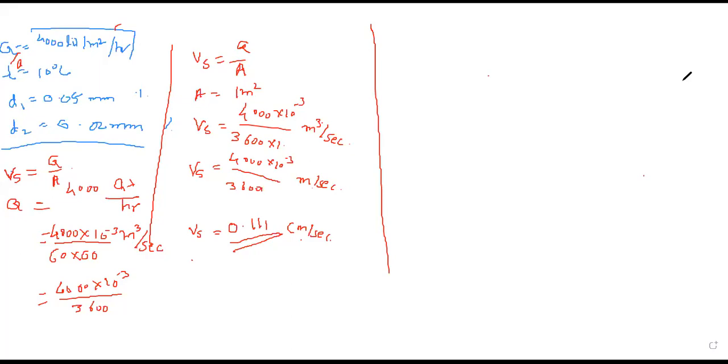If you have not finished, finish it. I will give you 1 minute and then we will solve further. This is the settling velocity of the sedimentation tank. Okay.